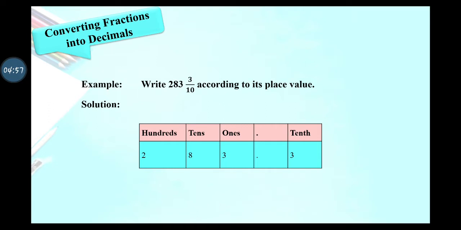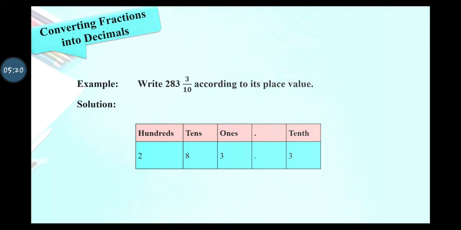One is the whole part and 3 upon 10 is the fractional part. So for the whole part, 3 is at the ones place, 8 is at the tens place, and 2 is at the hundreds place. And for the decimal part, 3 is at the tenths place.